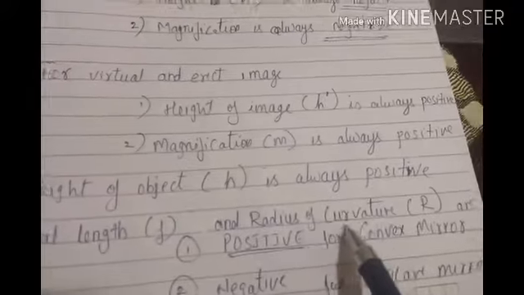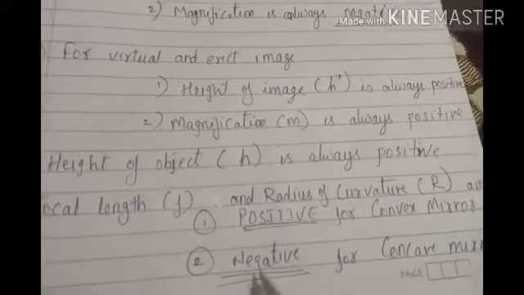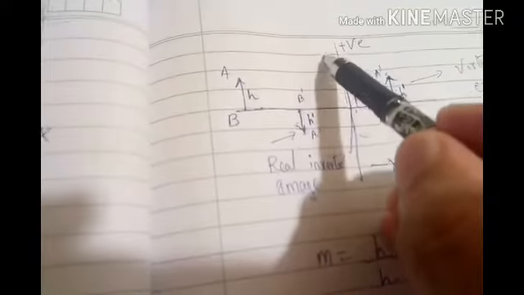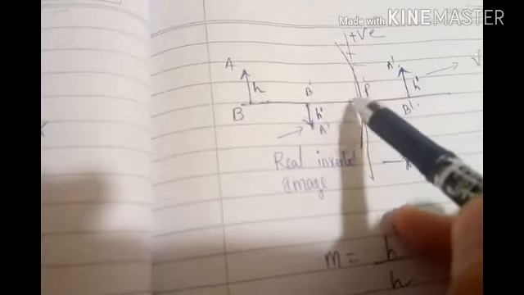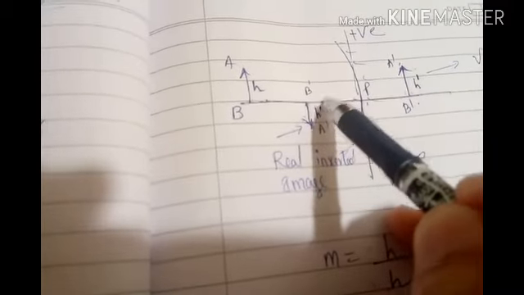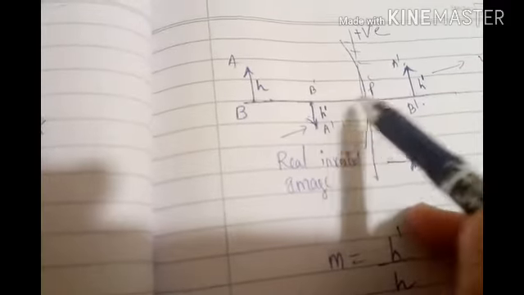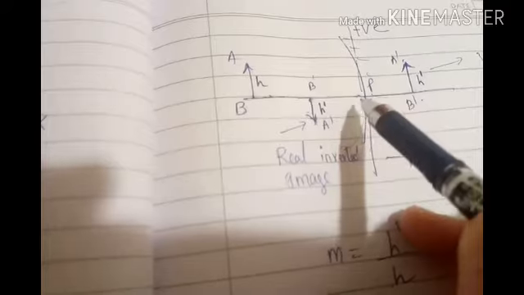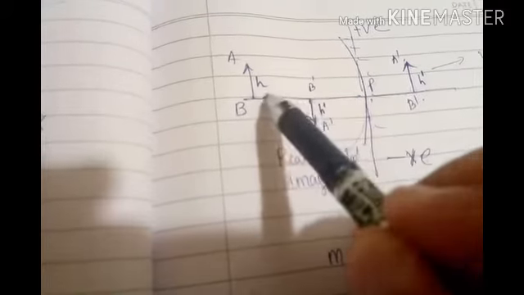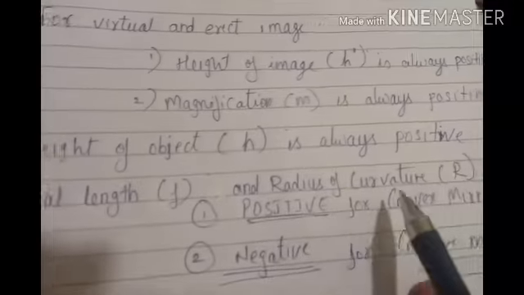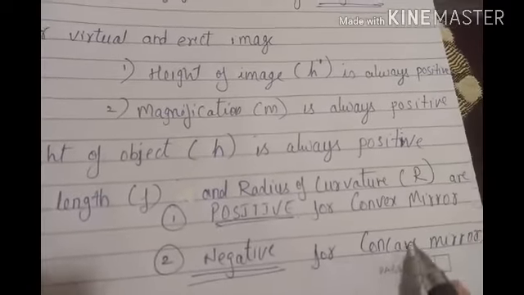For a concave mirror, the focus and center of curvature are on the left hand side of the origin, so the focal length f and radius of curvature R are negative.